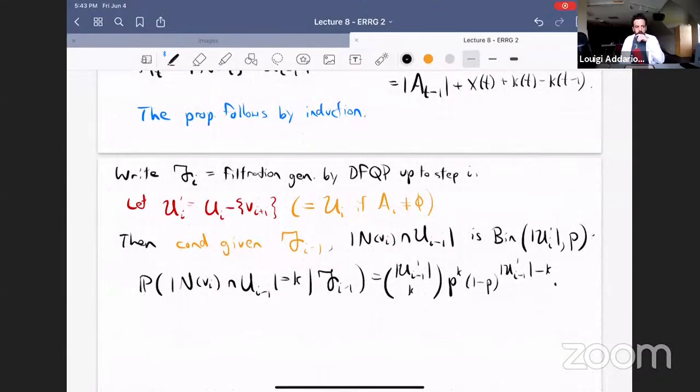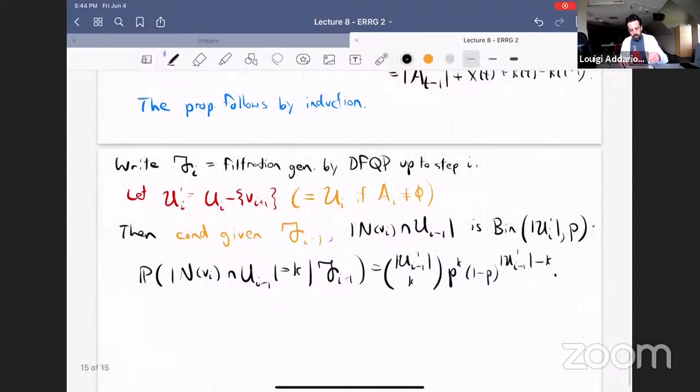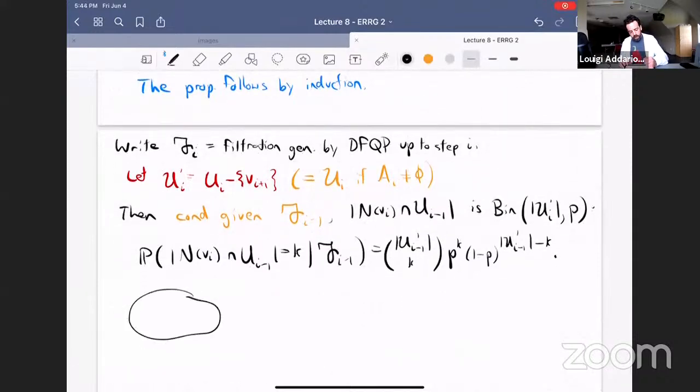Does that make sense to everyone? Right, so you've got the part you've explored, you've got the part that you haven't explored, and then you're just saying each edge from here to here is independently present with probability p, except that if we had just finished exploring a component, then first we peel off one vertex from here to explore.